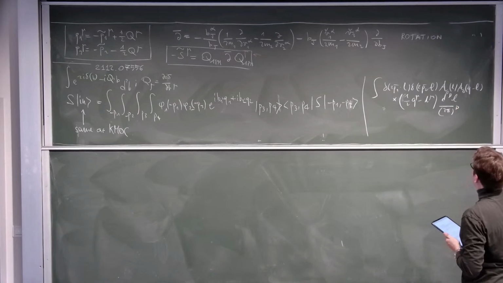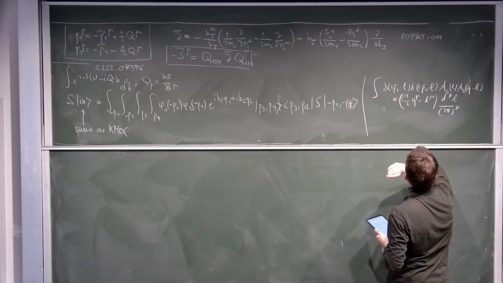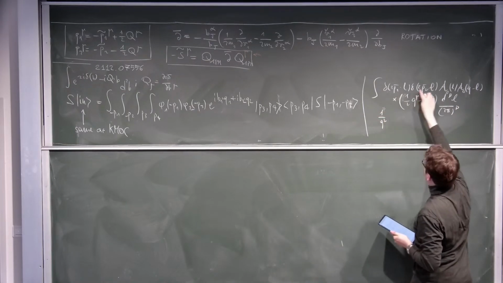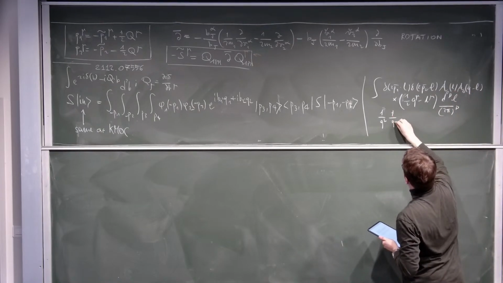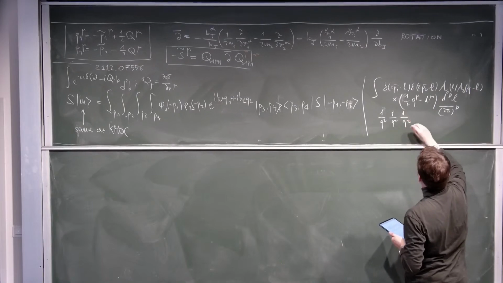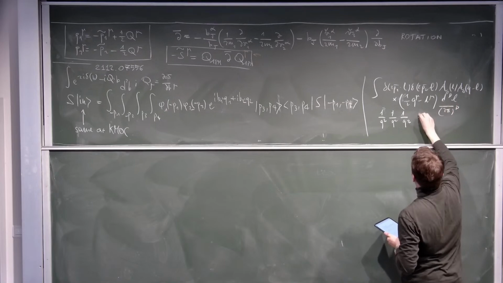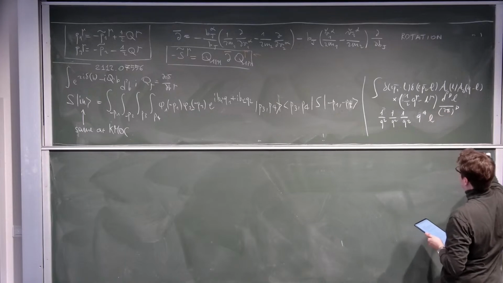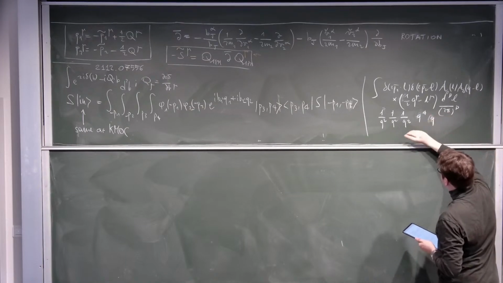Let's try to see why it's important that this bit cancels. As a scaling, you remember l scales like q, so these bits contribute 1 over q, 1 over q, 1 over q. Each of these amplitudes also contributes like 1 over q squared, and the amplitude and the measure contribute like 4 powers of q when we are in 4 dimensions, so we are left with another power of q.